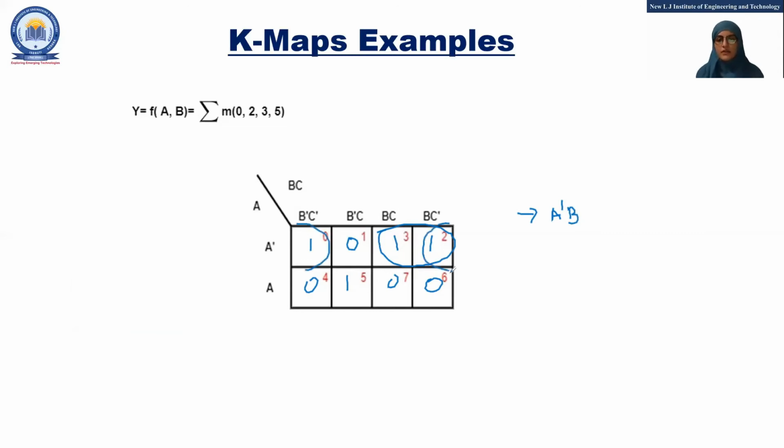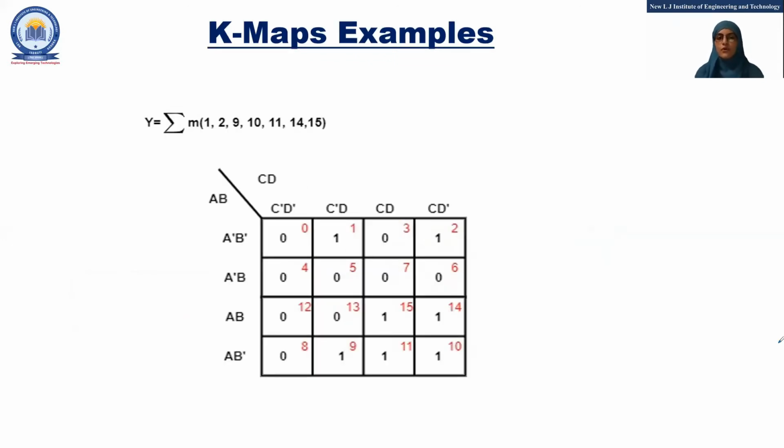So answer of this pair will be A prime and C prime. Next is this single one. So we can write answer like A, B prime and C. All these terms will be ORed together. So our final answer is A prime B plus A prime C prime plus A B prime C.